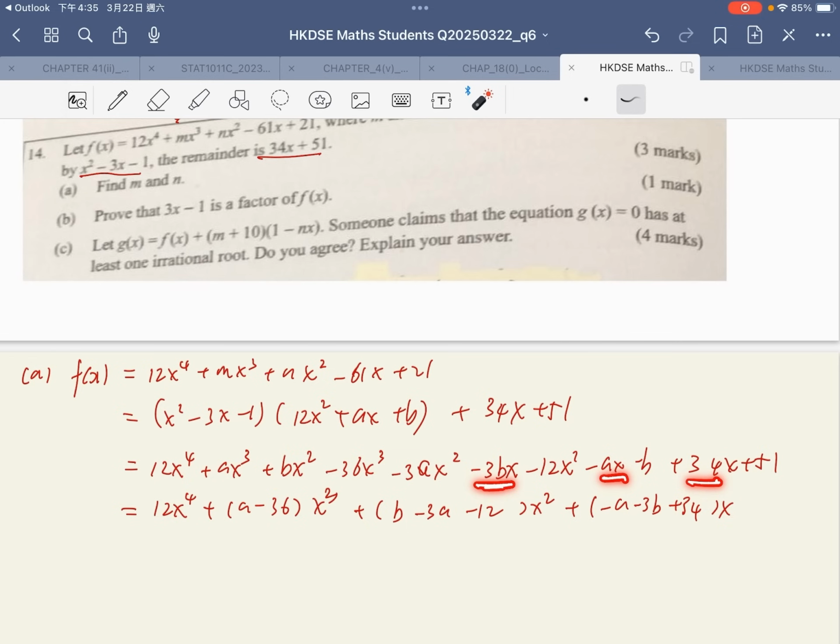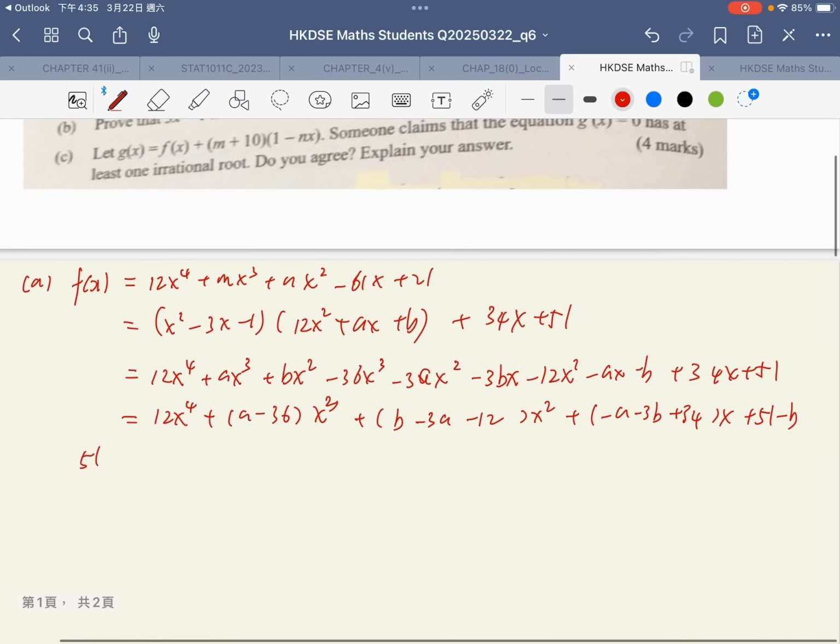The coefficient of x is these three terms, and finally the constant term is 51 minus b. Now compare the constant term: 51 minus b equals 21. Then we obtain the value of b is equal to 30.